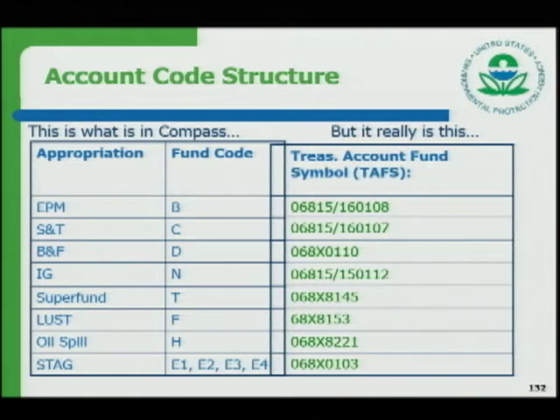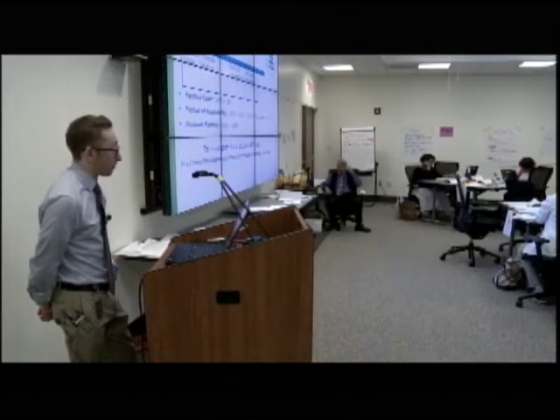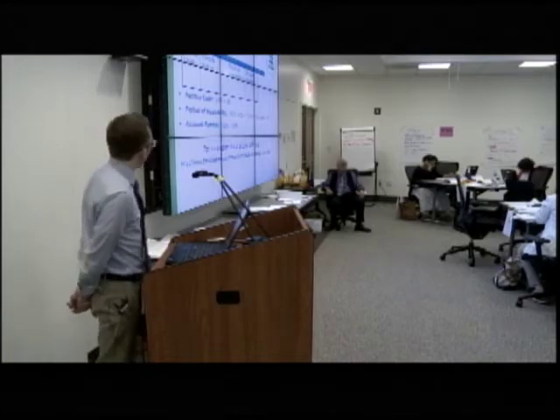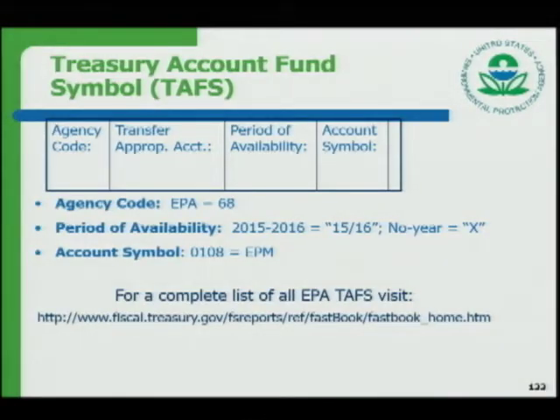And the last four digits are the digits that Treasury has given to it. And so again, this is kind of what I just spelled out. Agency identifier, are they multi-year or no year? And then this specific 08, 01, 08 is EPM, again, given by Treasury.